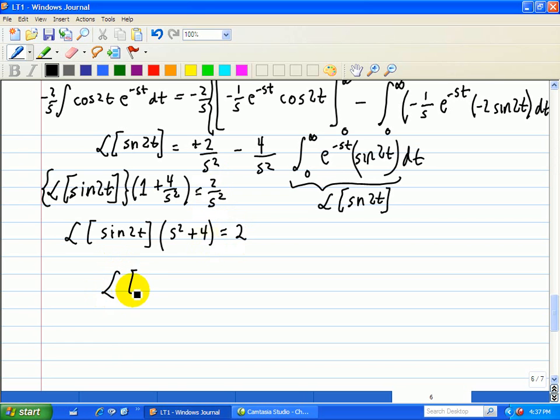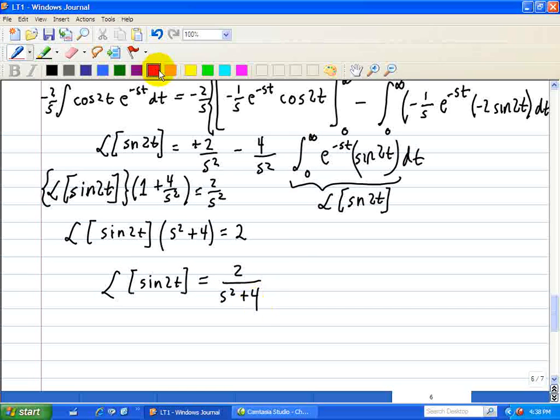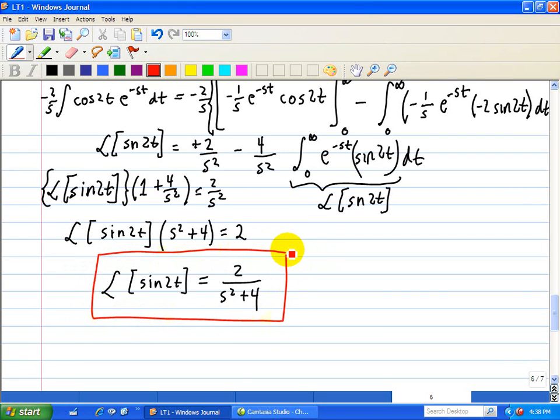Solving for the Laplace transform of sine of 2t then yields 2 over s squared plus 4. So that's our result for finding the Laplace transform of sine of 2t. I'll show you another way of finding it, but that can be found in a later video.